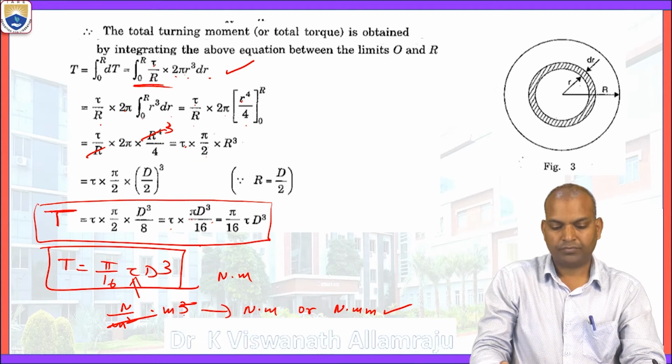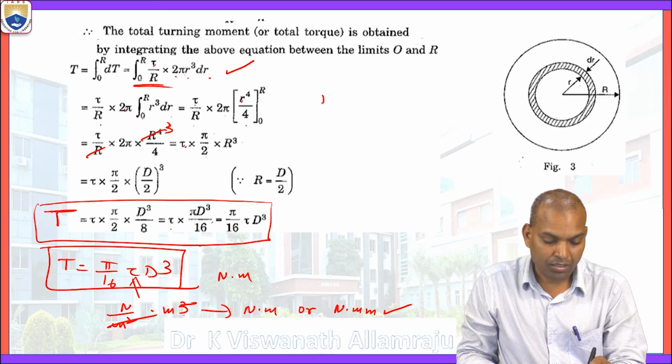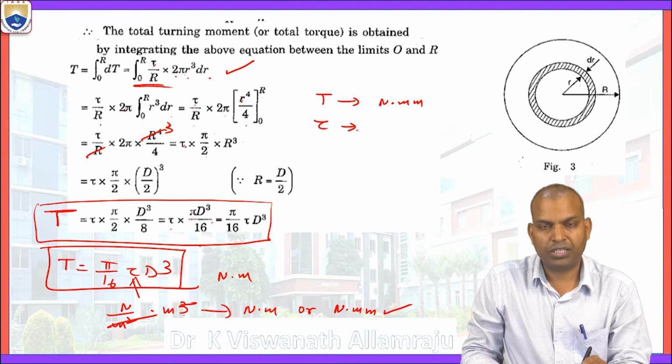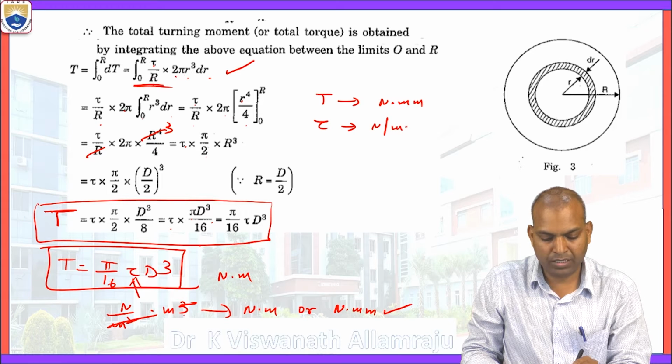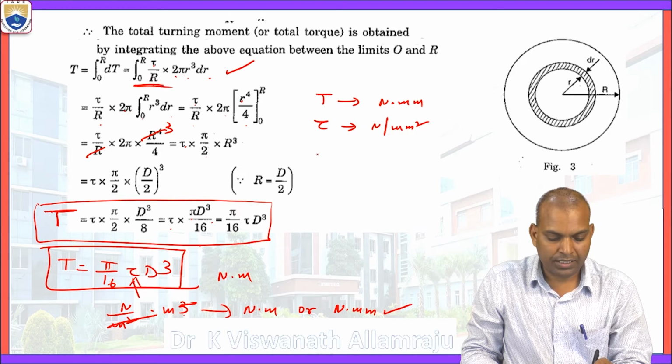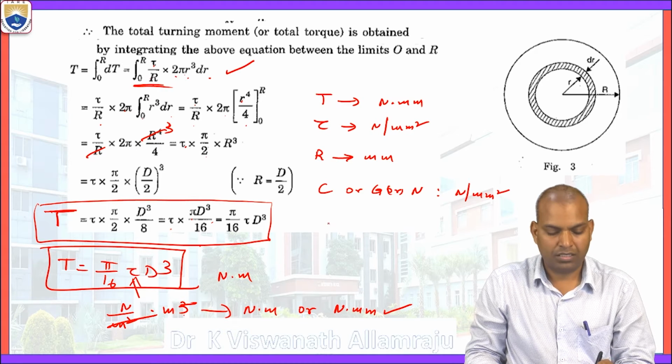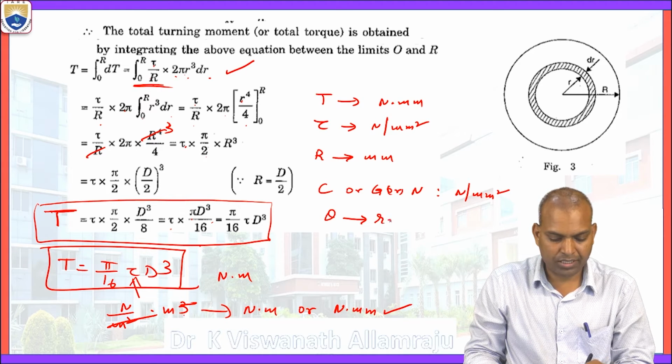Now here, the unit of torque is Newton millimeter. The unit of shear stress is Newton per square millimeter. The radius of the shaft is in millimeter. Modulus of rigidity C or G or N is Newton per square millimeter. Theta should be in radians. L is in millimeter.